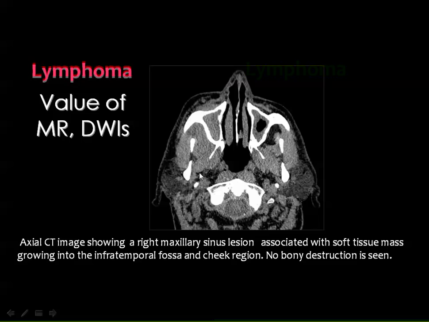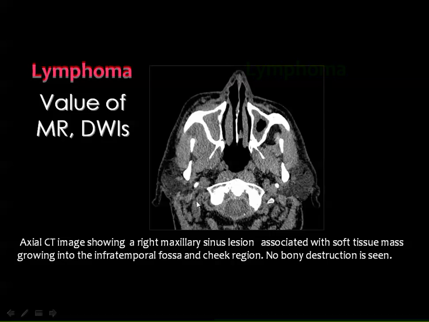But if you look carefully, you see that there is a mass outside the maxillary antrum infiltrating the infratemporal fossa, obliterating the fat here and merging with the pterygoid muscles and also involving the masseter muscle. The degree of bone destruction is not appreciated here, but this is not sinusitis.